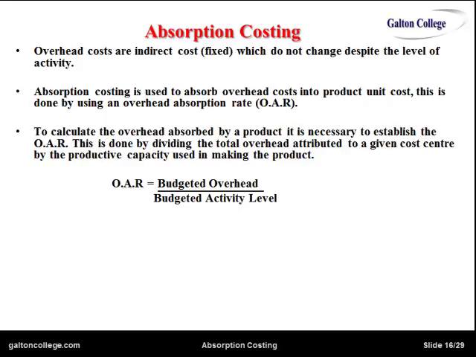This is done by dividing the total overhead attributed to a given cost centre by the productive capacity used in making the product. In other words, the OAR is equal to the budgeted overhead divided by the budgeted activity level. Now, that gives us some understanding of the rate at which the overhead is absorbed.